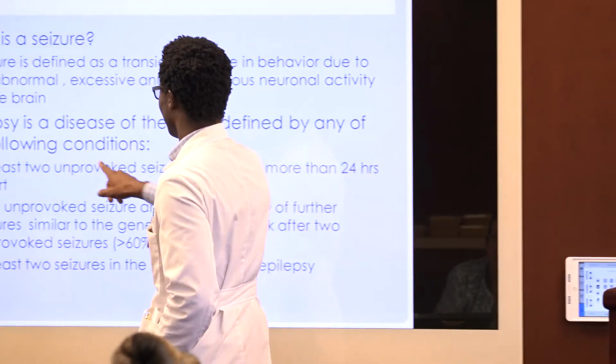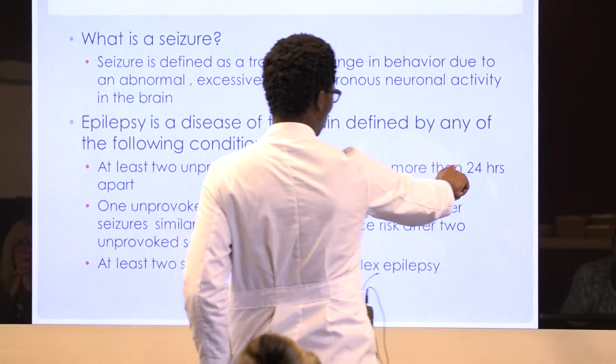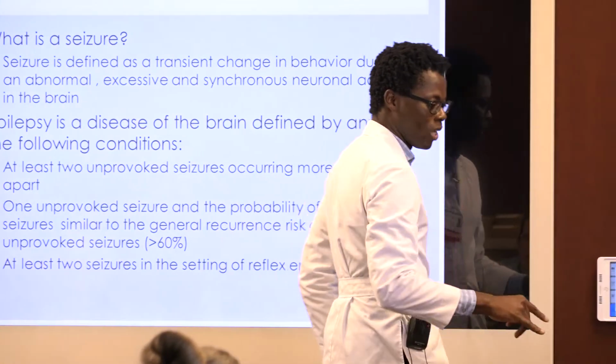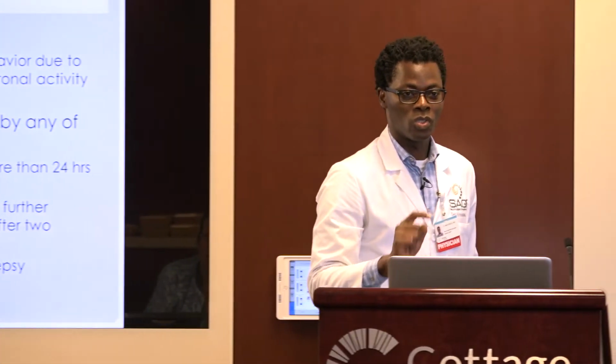So I just want to explain the rationale for why you need to have 2 seizures 24 hours apart. They did this population-based study in 1988 that looked at 72 patients who presented with more than 2 seizures within 24 hours.